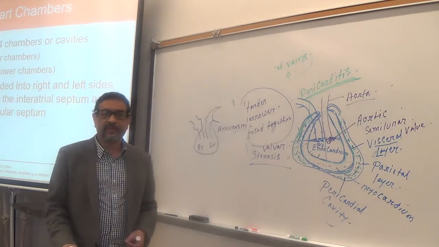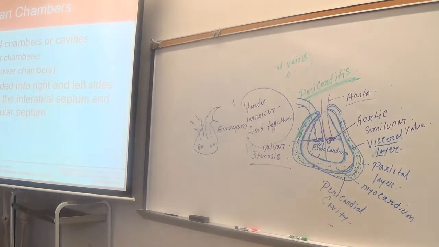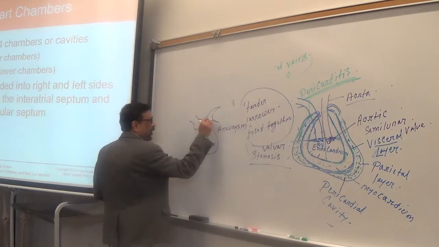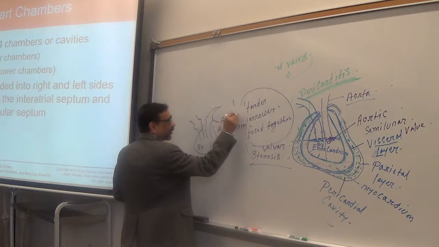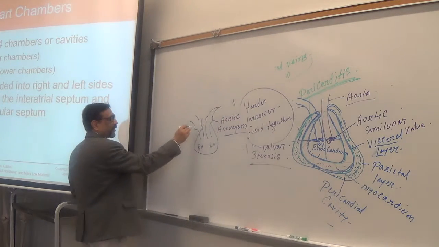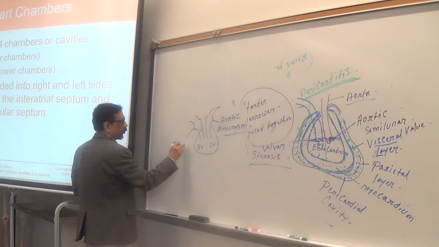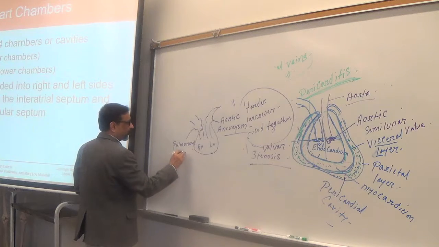Aneurysm is the expansion or dilation of the artery. Anywhere in the body, it can happen. Sometimes it can happen in the aorta, that is called aortic aneurysm. If it happens in pulmonary trunk, pulmonary aneurysm.